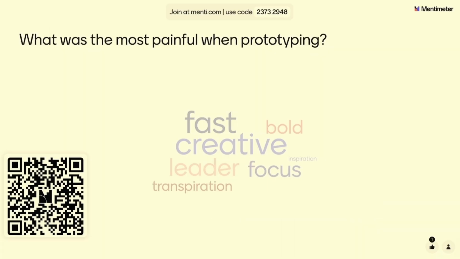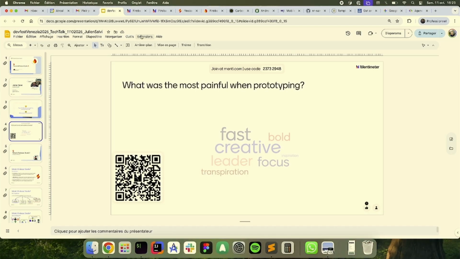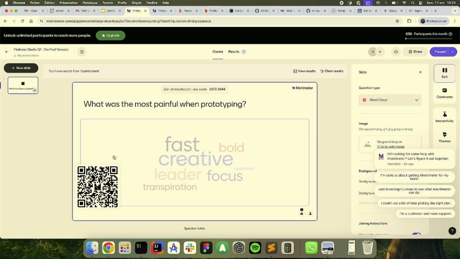And this is the start of the interactive part. If you can scan this QR code or just use the code above on menti.com and answer what was the most painful thing when you started prototyping apps, we'll get some answers right here live.